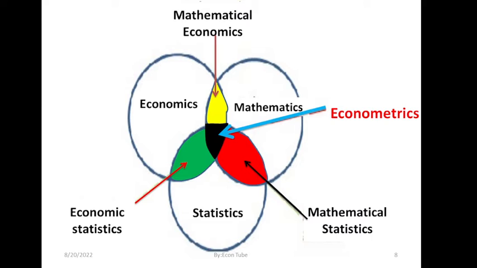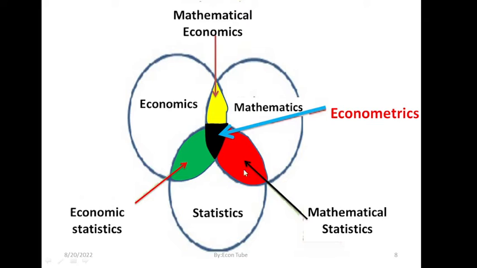How? For example, we have a three-circle Venn diagram. On the left-hand side, the top shows economics. From below we have statistics. From the right-hand side we have maths. When economics and statistics come together, they make economic statistics.